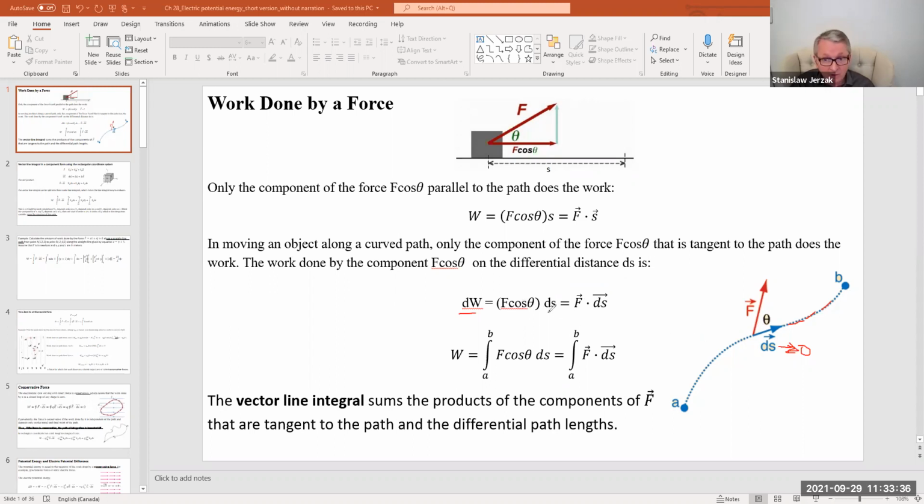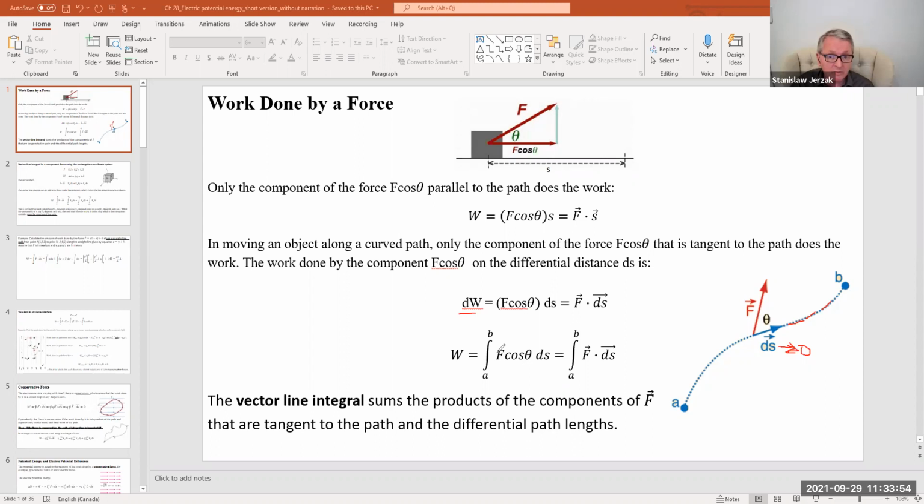Then the total amount of work done during the entire path from A to B we would find as the integral, and integration, as you know, is summation, so the sum of these tiny works done on each tiny displacement.